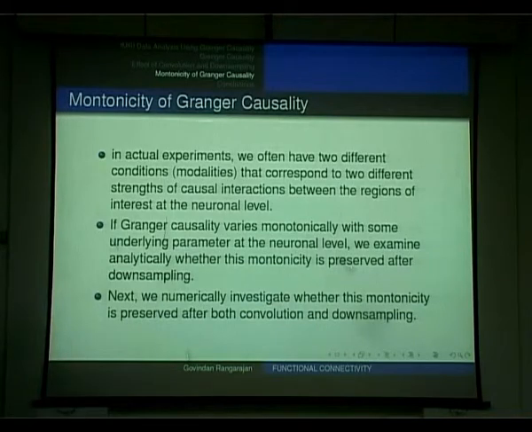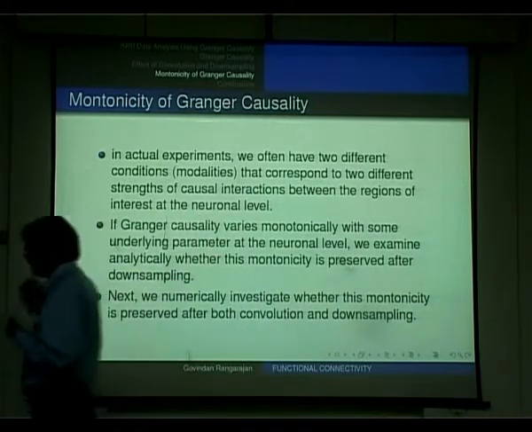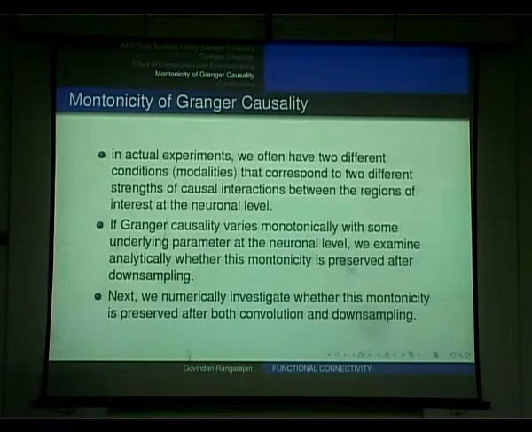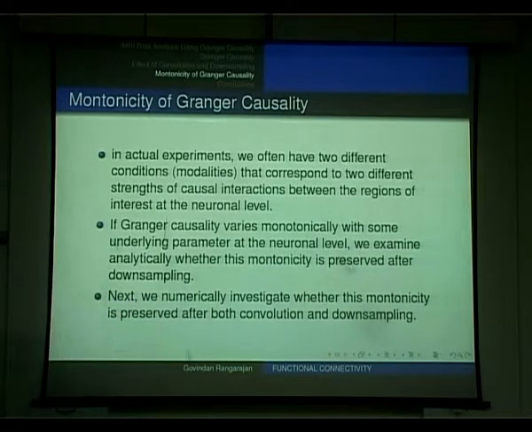And there the situation, as we shall see, is much better, because suppose you have some underlying system parameter which is varying. Here I've taken the case for simplicity of monotonic variation.